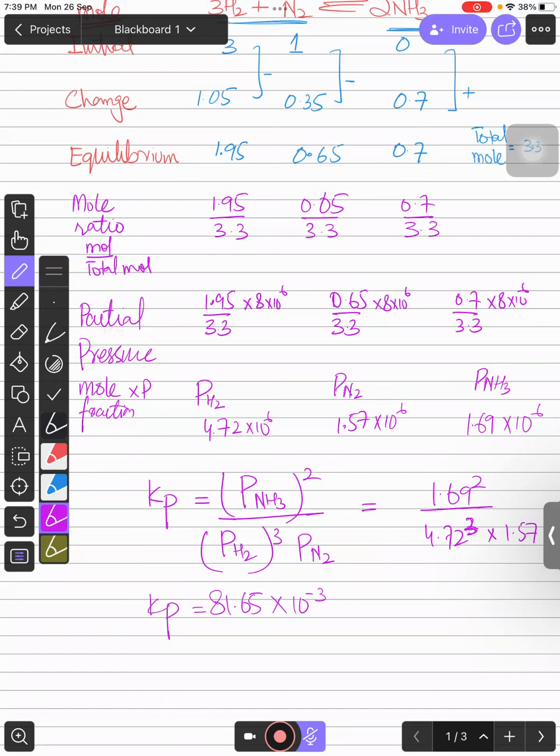ये कर लेते हैं क्योंकि 10 की वैल्यूज अलग अलग हैं, so we need to put values of 10 also over here.